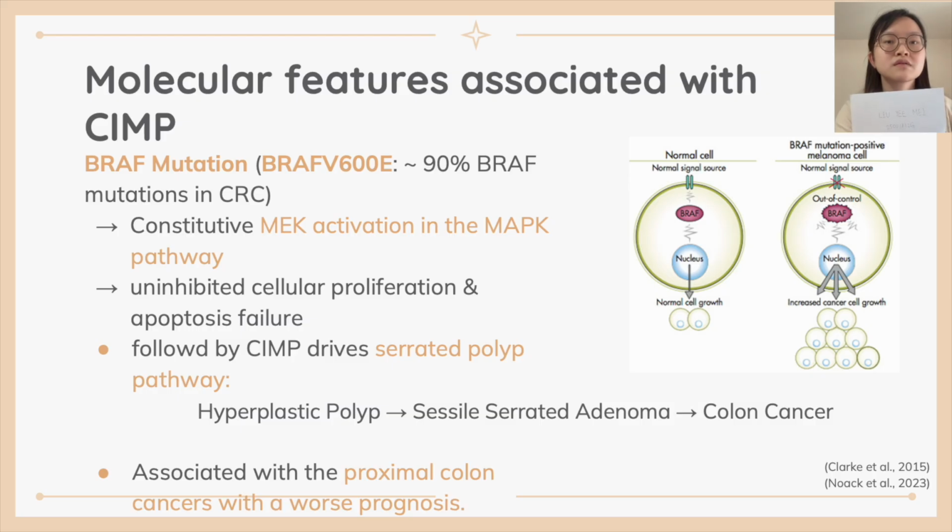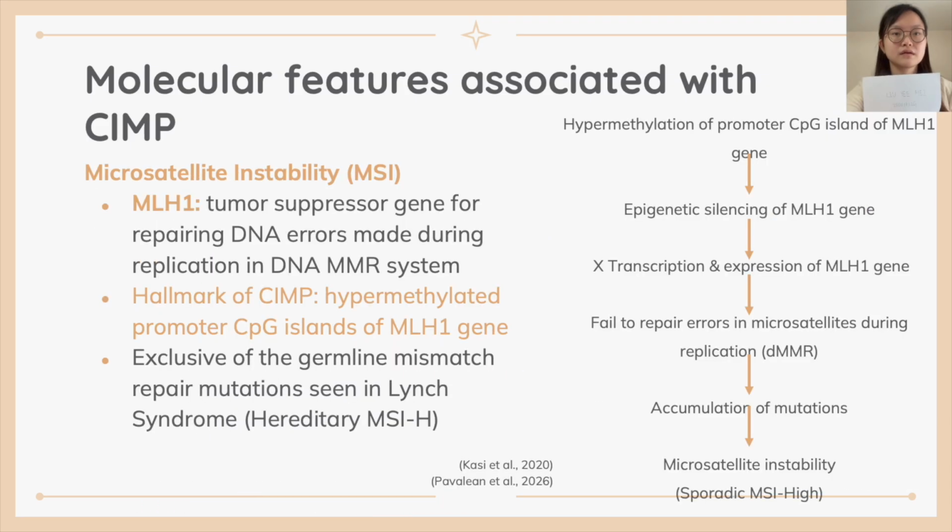BRAF mutation causes uncontrolled proliferation and apoptosis failure. BRAF mutation followed by CIMP drives the serrated polyp pathway. A hyperplastic polyp is transformed to a sessile serrated adenoma and then proximal colon cancer, often with poor prognosis.